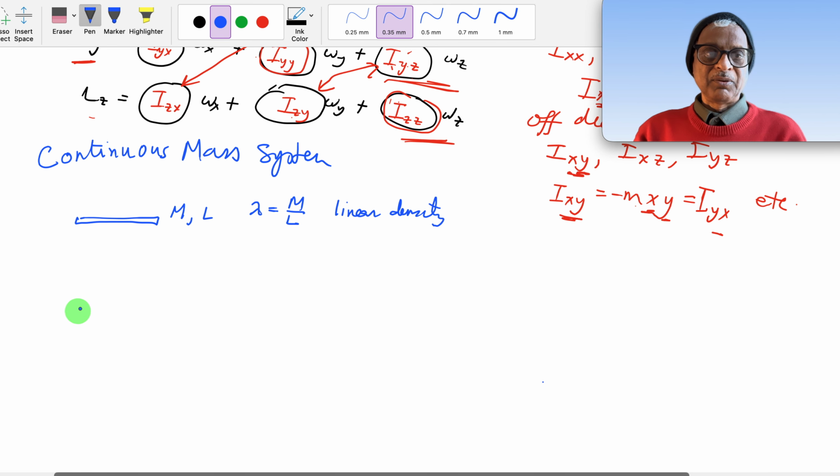But then you write it out this way, lambda dy. Now you can integrate, because this integration variable will go from minus L over 2 to L over 2, dy, and then that's the dm, and then you leave this y square plus z square.